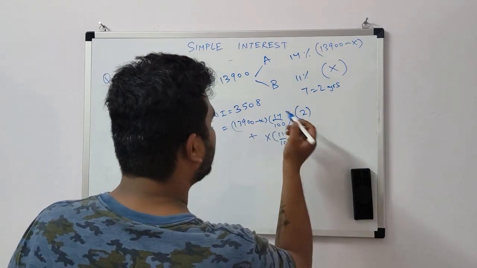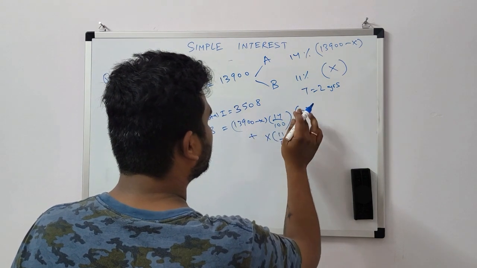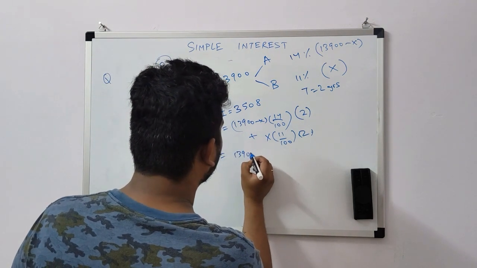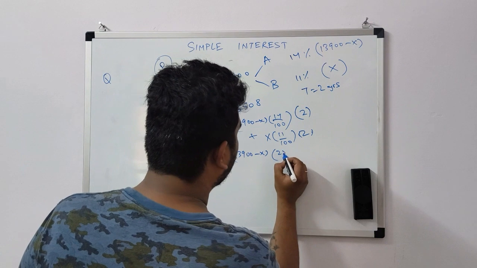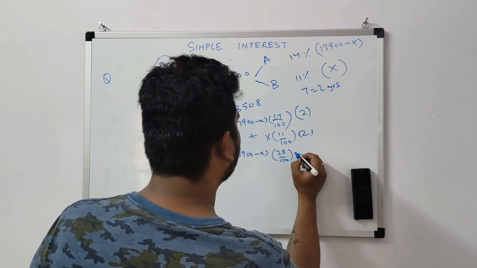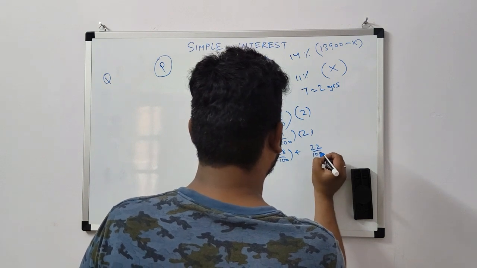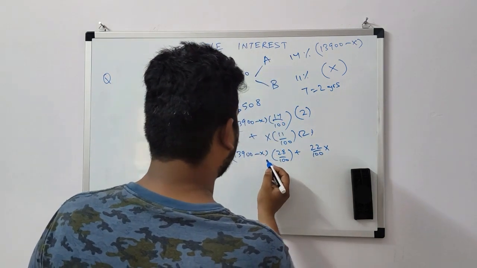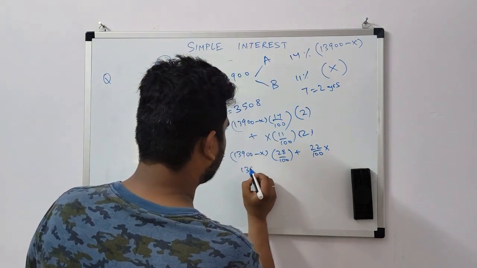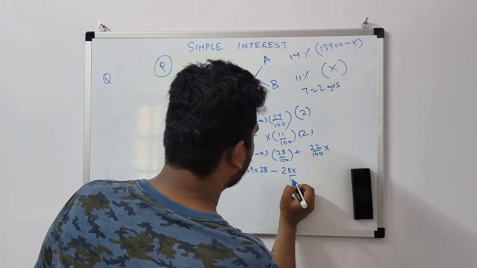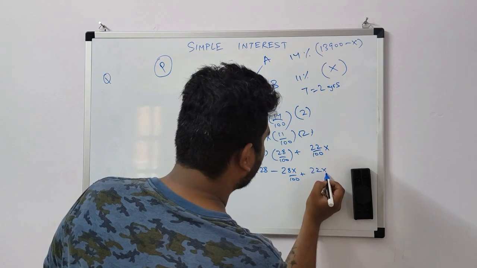So 3900, and this is what? 28. Let's write it down again. 3900 minus x. This is 28 upon 100, let's not cancel hundreds, plus 22 upon 100 x. So x and x. If you open this, 39 into 28, these two will get cancelled, minus 28x upon 100 plus 22x upon 100.